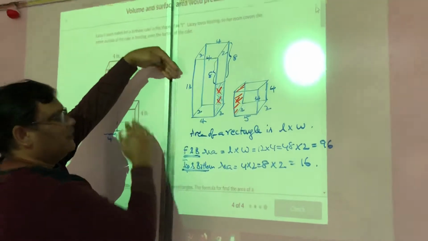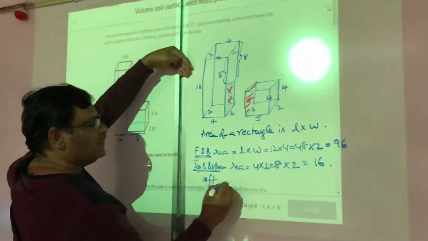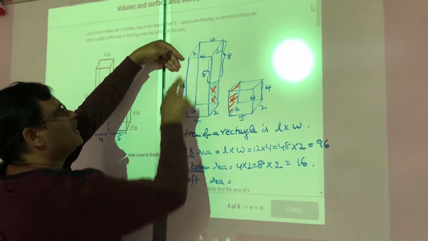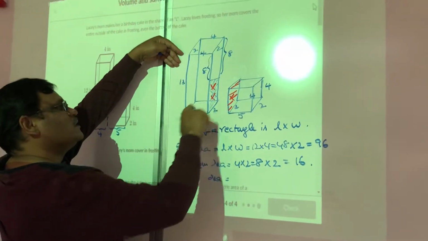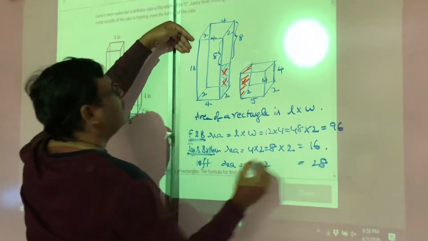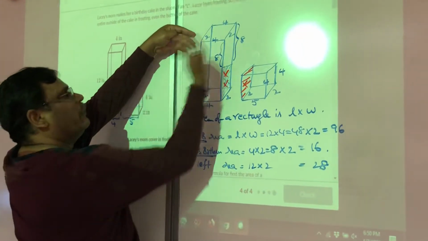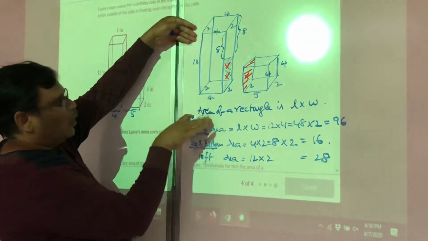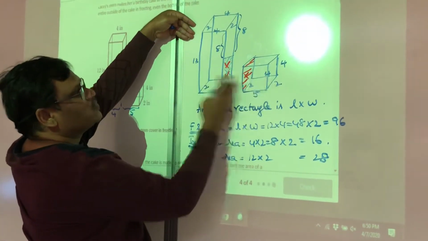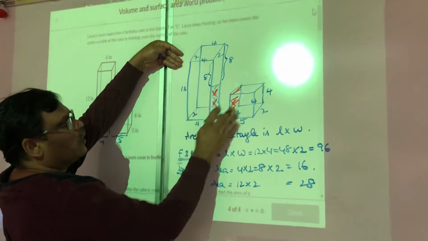Now let me come to the left side. The left side rectangle area has the dimensions 12 as the length and width 2. So 12 times 2, which is 24. So I'm done with front, back, top, bottom and left. Now the right side, we are going to cover the frostings. These two are going to be attached, so we are not going to use this space.